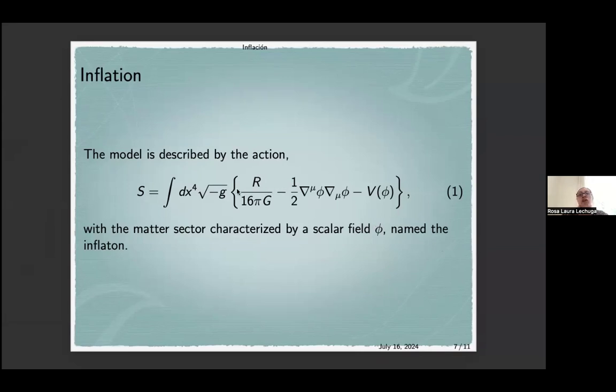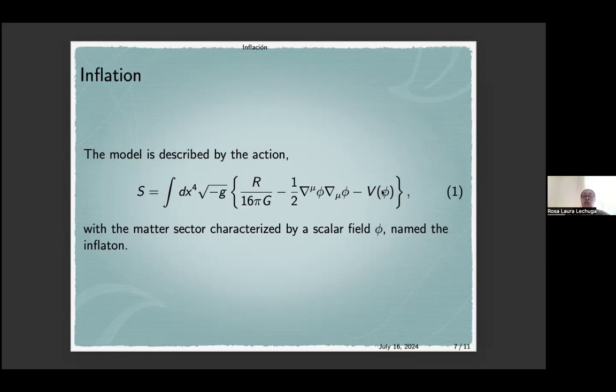In this case, you have the Einstein-Hilbert action, and then you have a potential. This potential plays the role of a cosmological constant, but not exactly a constant, because inflation is a period of accelerated expansion, but it's important that that epoch turns off.